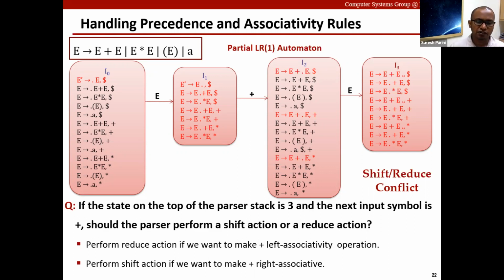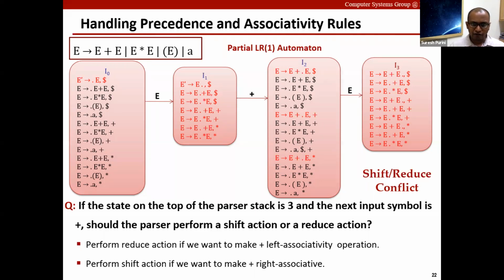The same is the case with the multiplication operation. And there is no precedence between addition and multiplication being captured here. If you see the LR1 automaton associated with this grammar, this is a partial LR1 automaton. It is not a full LR1 automaton.